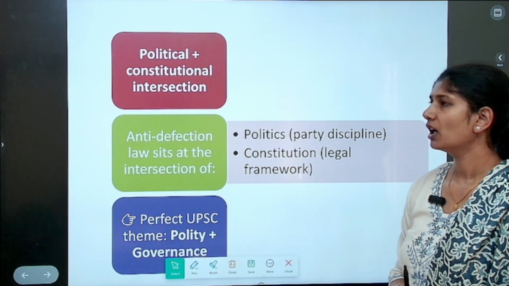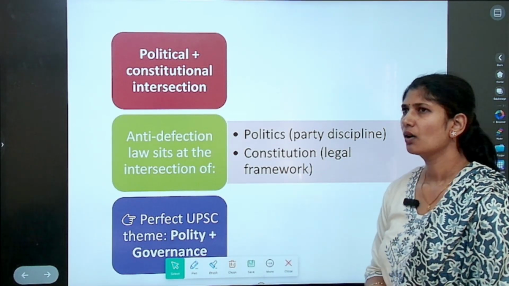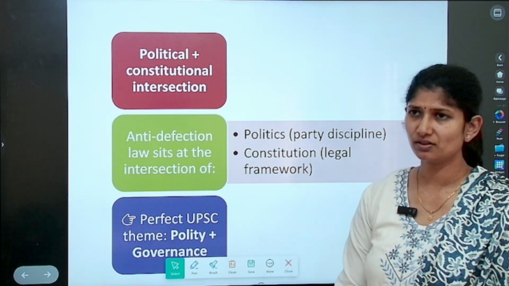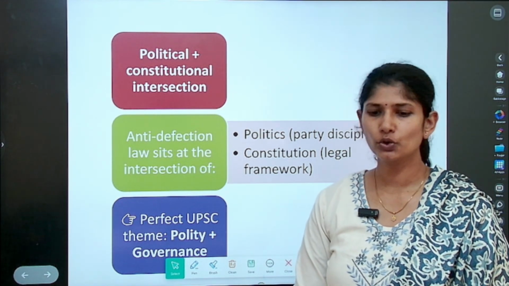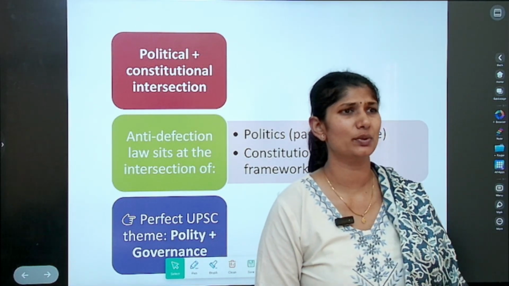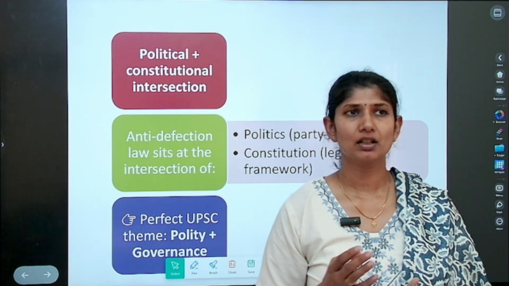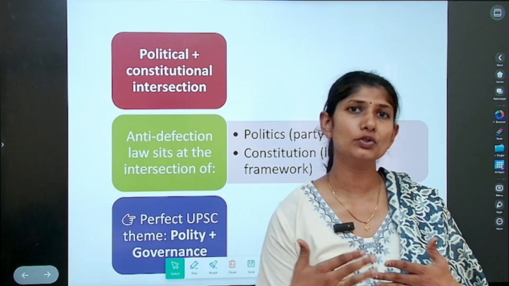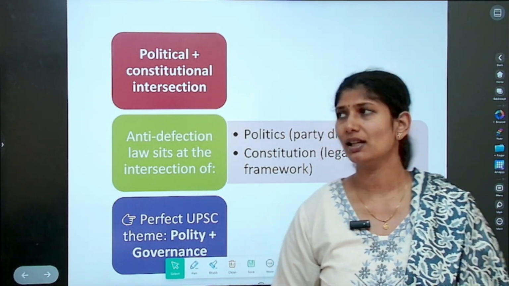Now, if we see why anti-defection is specifically asked, it is relevant to the intersection of politics and the Constitution. A lot of times we see many parties having mergers, so there will be a lot of disqualifications, right? Because of those current affairs, they try to link it with constitutional aspects.